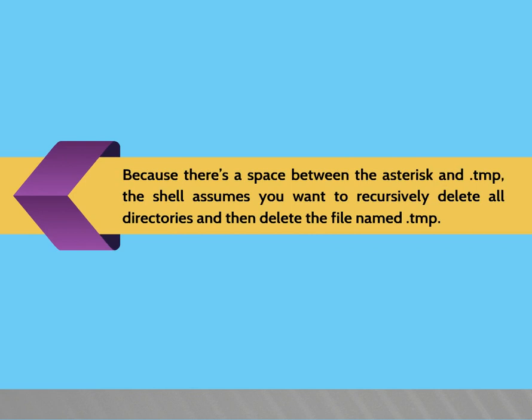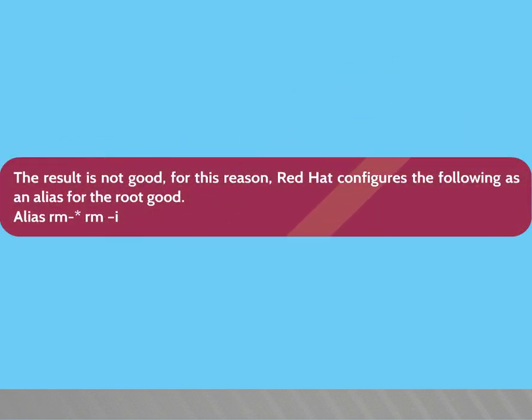Because there's a space between the asterisk and .temp, the shell assumes you want to recursively delete all directories and then delete the file named .temp. The result is not good.